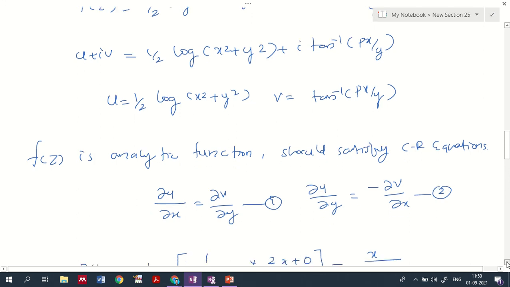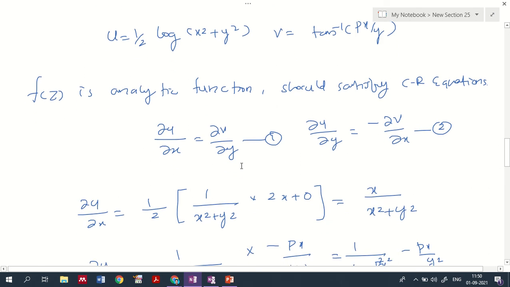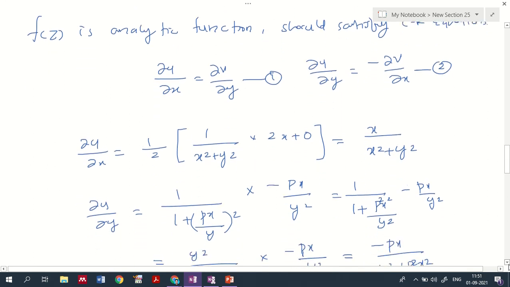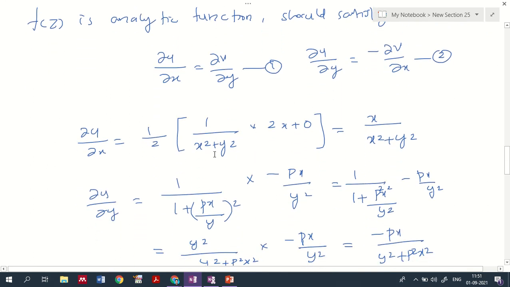Let me take dou u by dou x. One convenience here is that if you simply equate dou u by dou x to dou v by dou y, you can find the value of p, so you don't need the second equation. When you take dou u by dou x, what is u? u is half log x square plus y square.